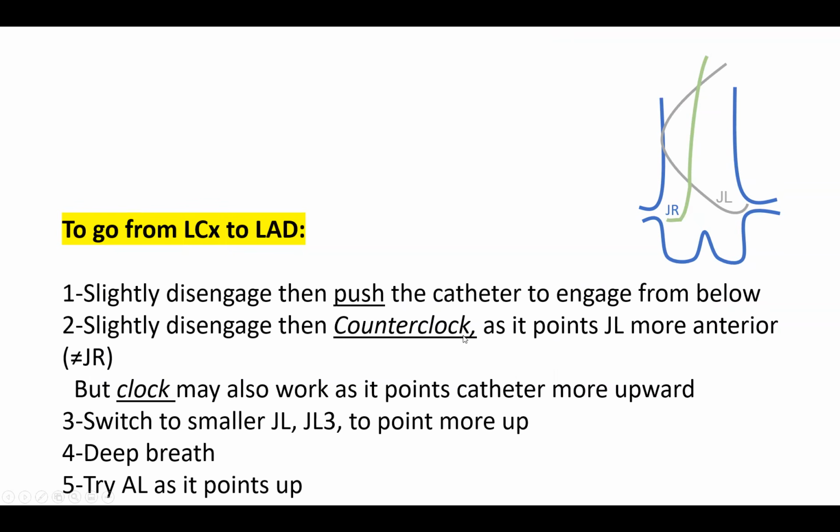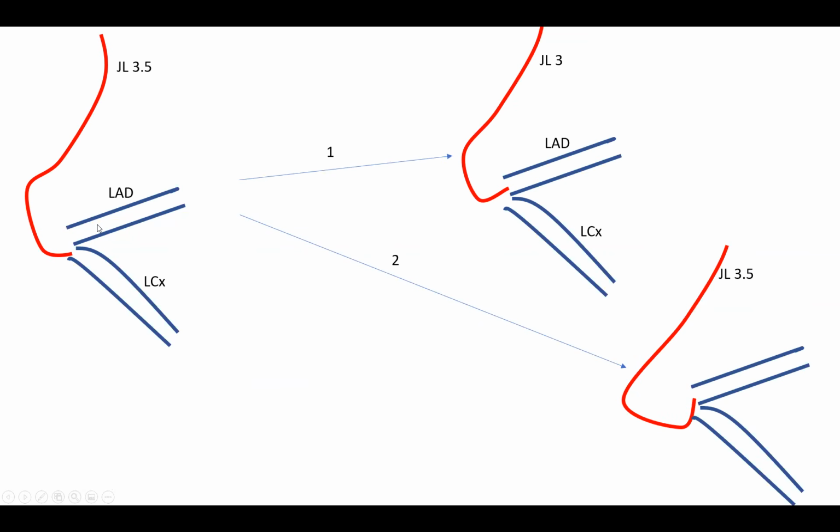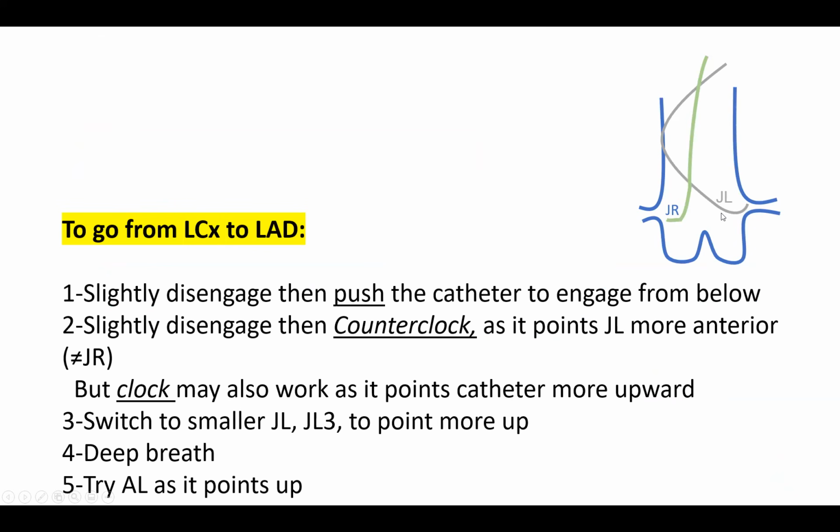You can counterclock, because here's the thing, LAD is more upward pointing, but LAD is also in a horizontal plane, LAD is more anterior than the circ. So the circ is more posterior, LAD is more anterior, more looking toward us. And counterclock points the Judkins catheter more anteriorly. Unlike the Judkins right, where clock is what points it in this direction, counterclock points the Judkins left to that direction.